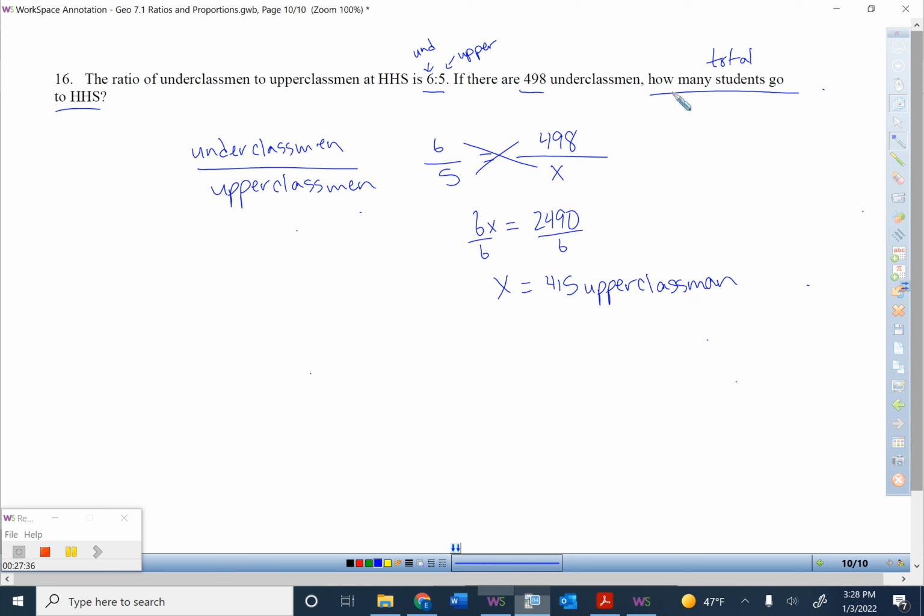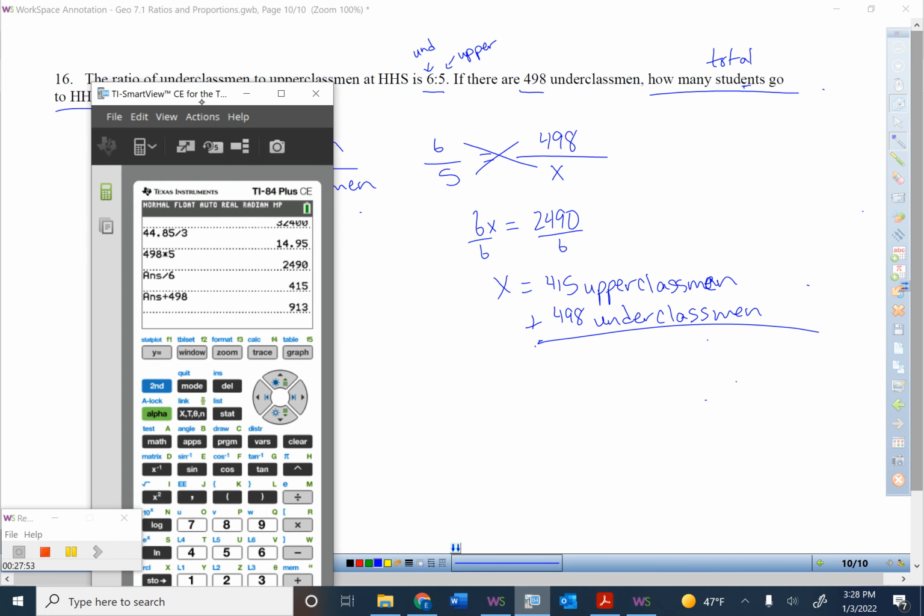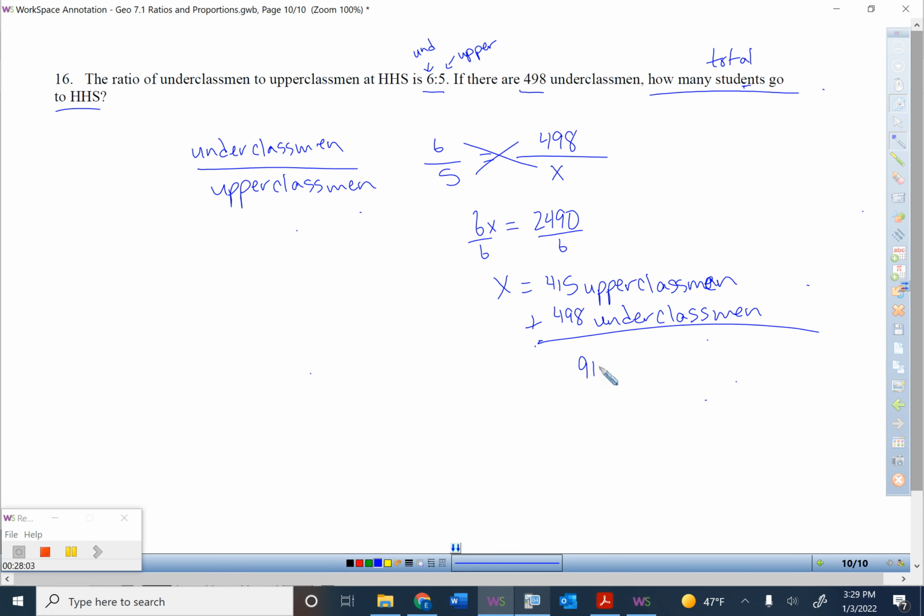Okay, but if it wants the total, all we have to do is add that to our original 498 who were the underclassmen. Go ahead and write this out so you don't forget where it came from. And then we'll go ahead and just add those together to get our final answer. So take that plus your 498, and we have 913 total students. And that's it.